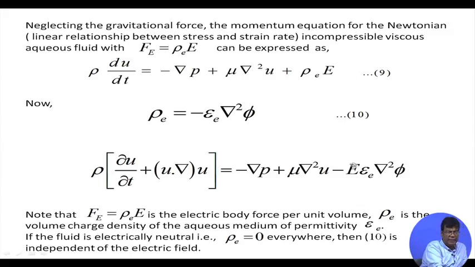The only extra term is governed by this. This shows that this phi and the Poisson equation, whatever equations we have developed, are now coupled. That means if it is not electrically neutral, these equations depend on each other.